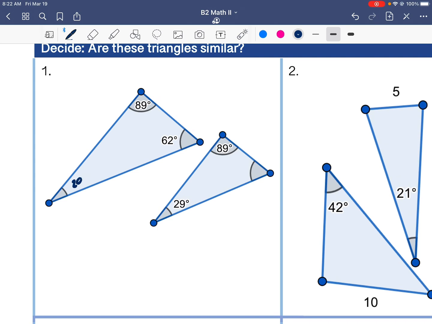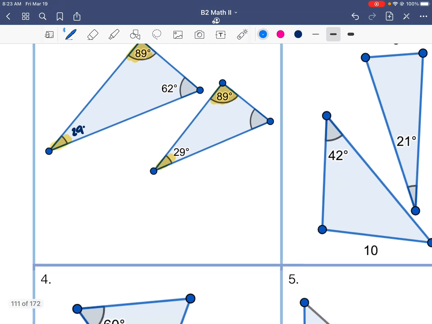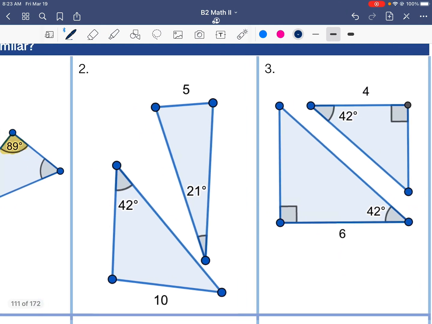And it turns out if you subtract 89 and 62 from 180, you get 29. And because then we have two consecutive angles that are identical in these two triangles, even though they're different sizes, it means that they are similar, yes, using the angle idea that we have up above. So angle, they are similar, yes.